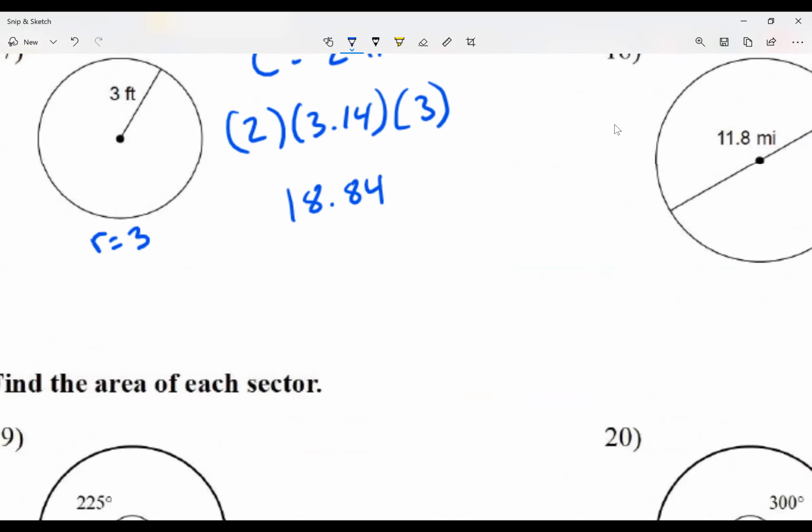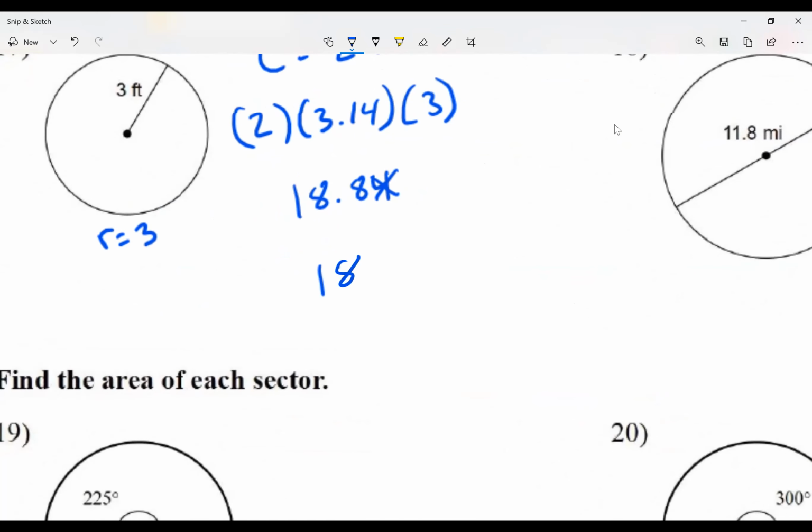My second decimal place is too small. 4 or less is small, so I'm going to ignore that. My answer will be 18.8. Technically, it's 18.8 feet, but I'm not going to worry about the measurements. More than anything, I'm focusing on whether you know how to calculate the number. So when you type it in, just type in 18.8.